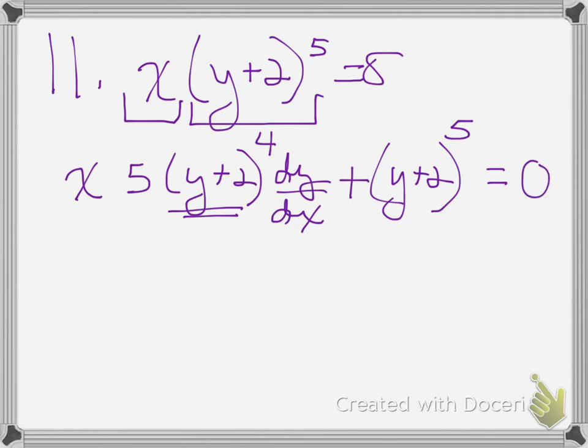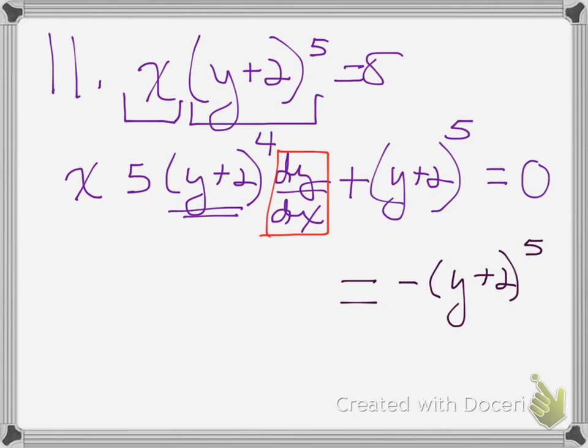Alright, so let's clean this up a little bit. So what do I see? I see that I only have 1 dy/dx to work with. So why don't I move the (y + 2) to the 5th over to the right? That will get me negative (y + 2) to the 5th.